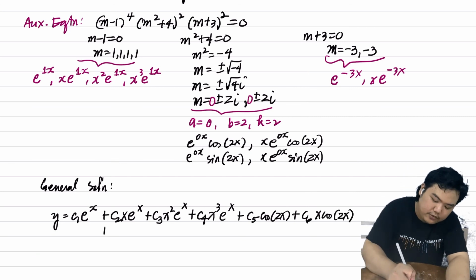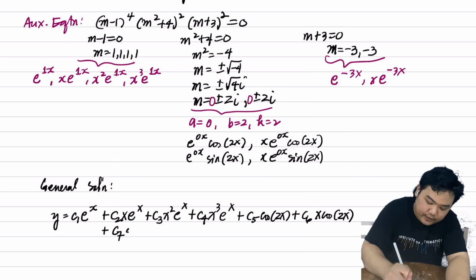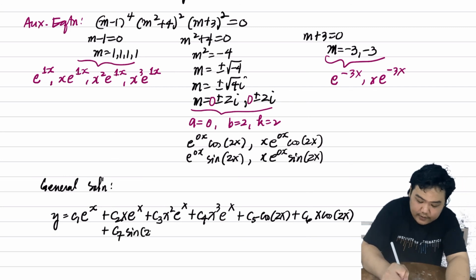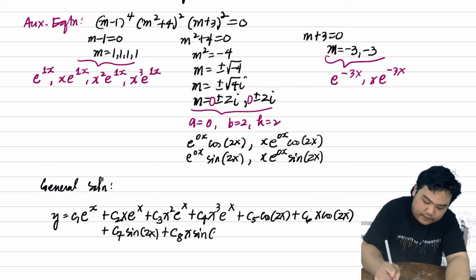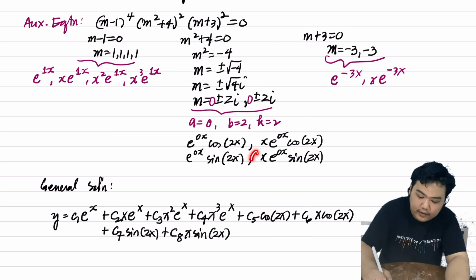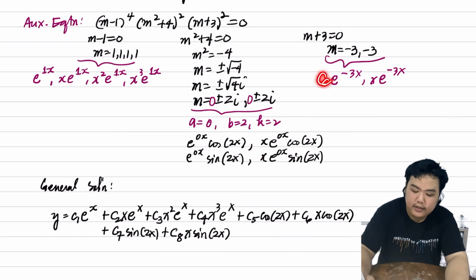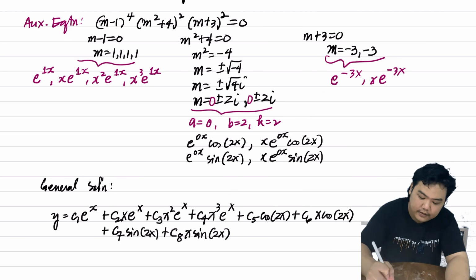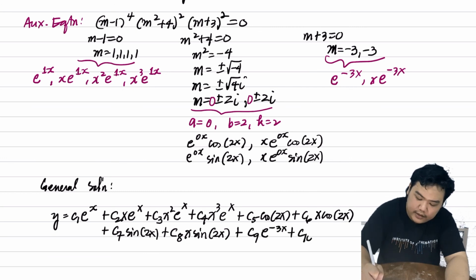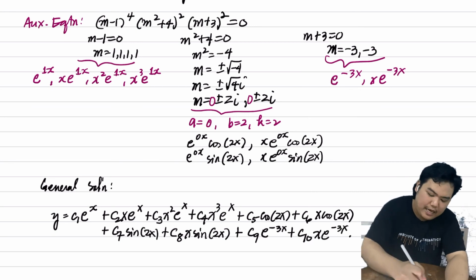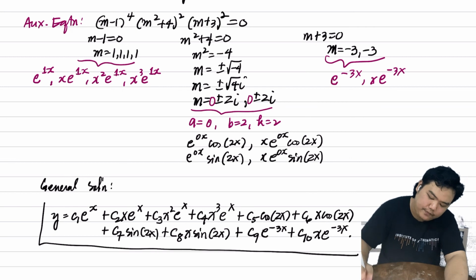Next line ko na lang isusulat plus C7 sine 2x plus C8 x sine 2x. So, nandito na ako, andito si C8. So, C9, C10 plus C9 e raised to negative 3x plus C10 x e raised to negative 3x. So, ang haba noong general solution niya.